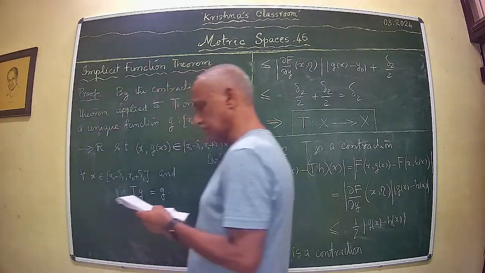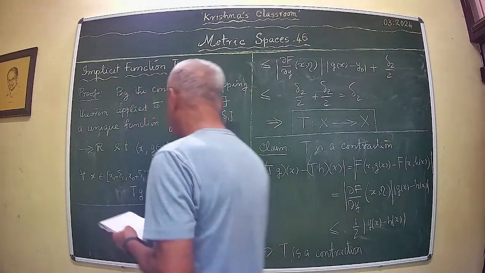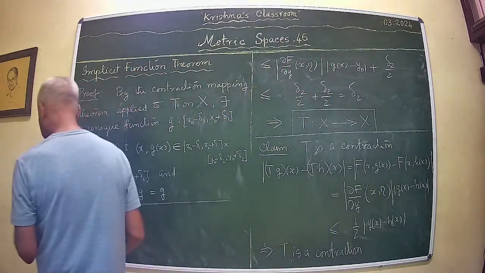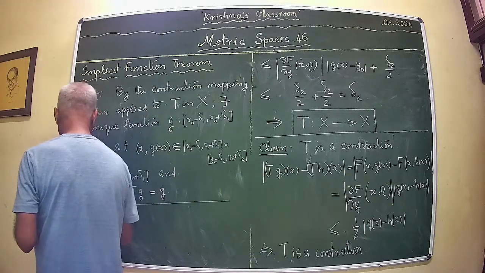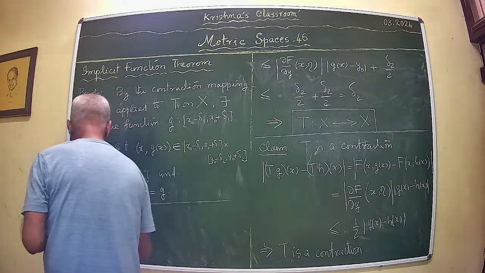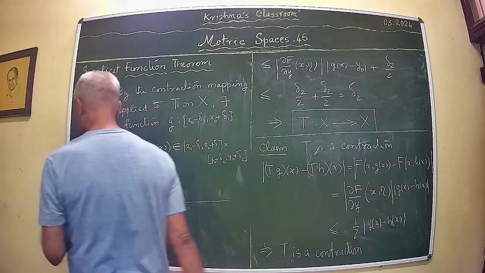G equal to G. Now we can explain this through sequences, or what you can say is define. We are in fact giving a proof of that. G naught x equal to y naught. That is well defined.